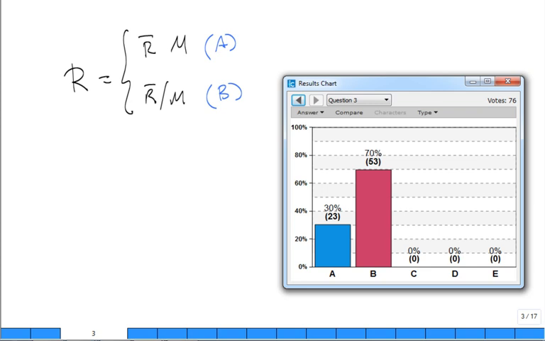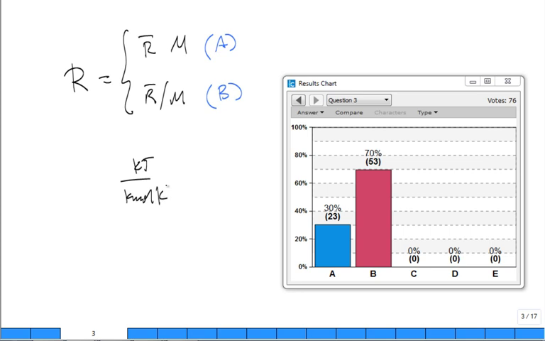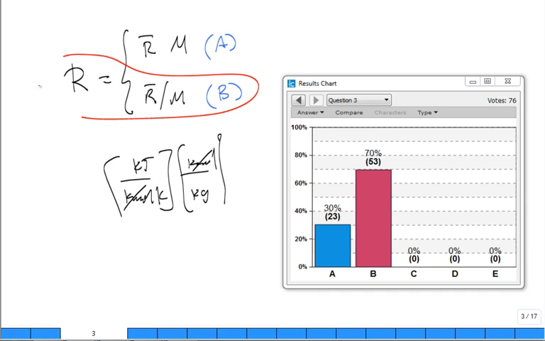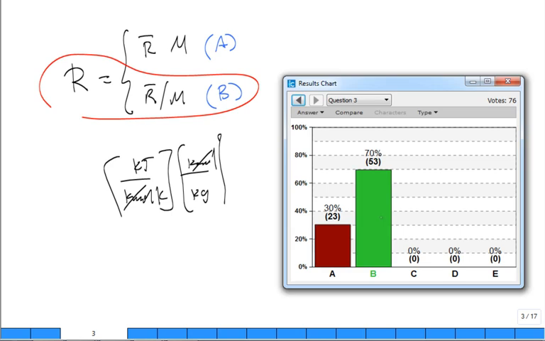Well, units will help us determine, right? R bar would be kilojoules per kilomole Kelvin, true. And then if I divide by kilogram per kilomole, the kilomoles cancel and I have kilojoules per kilogram Kelvin, which is the units of R that we want. So the correct answer is true.